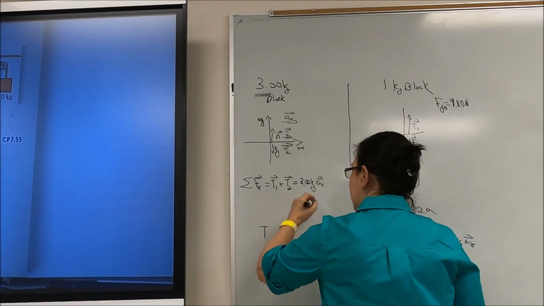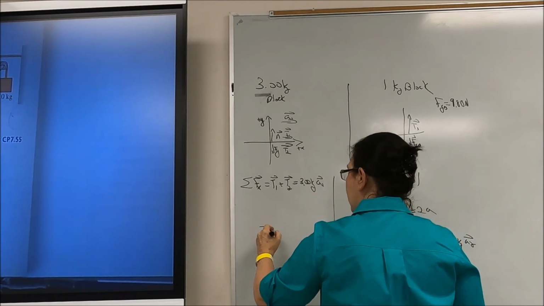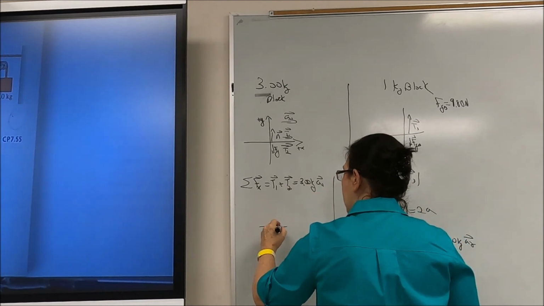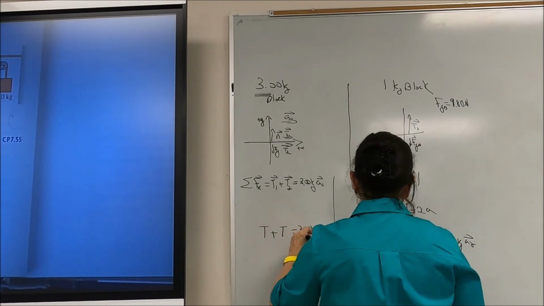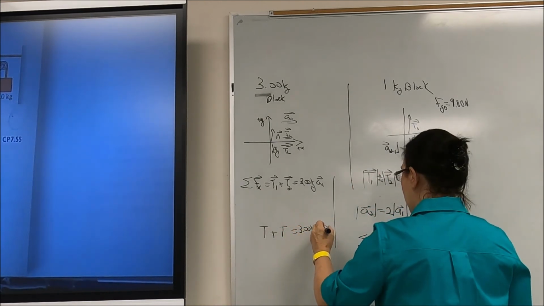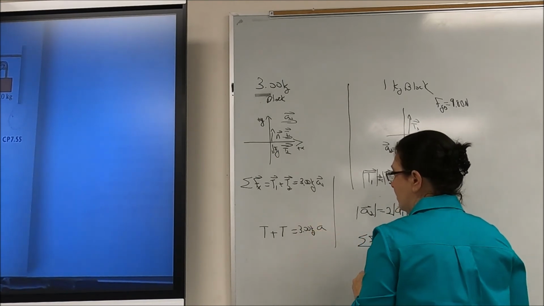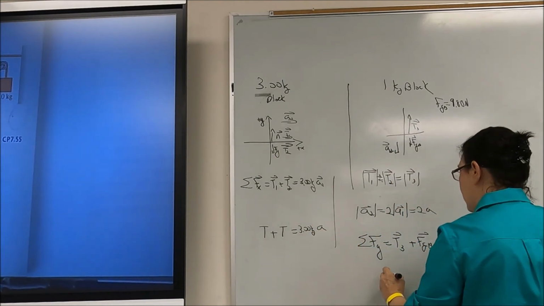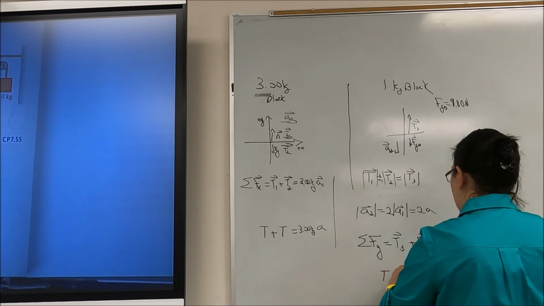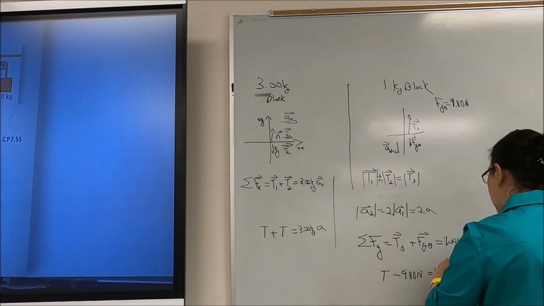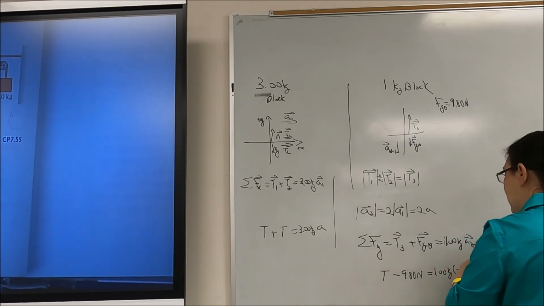If I look here, I have T plus T is equal to 3 kilograms times A. Here, I have T minus 9.80 newtons equals 1 kilogram times minus 2A.